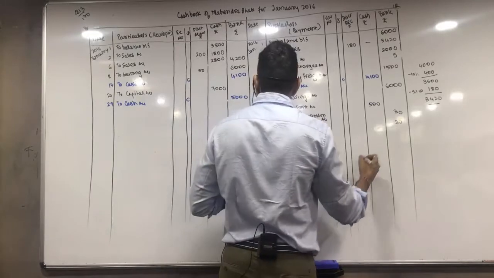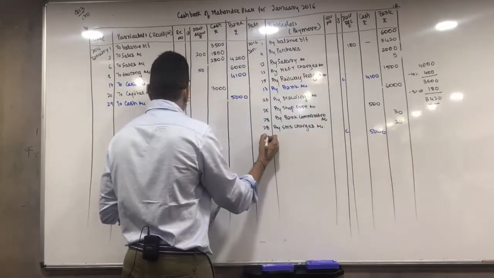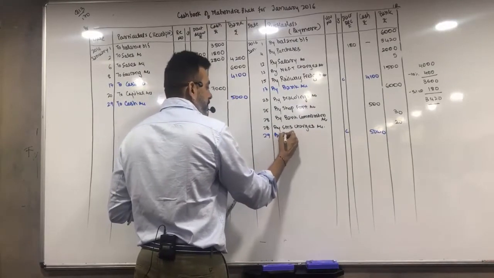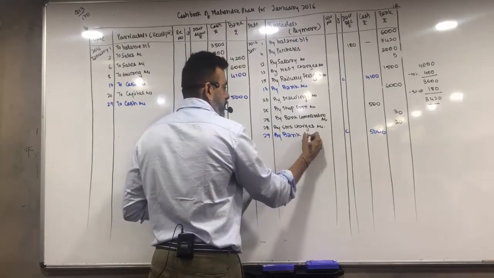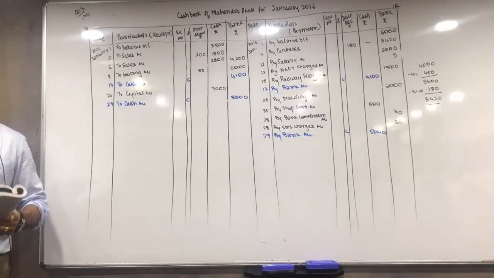And payment side cash column, 5,000 contra by bank. All of you understood contra entries? Yes.